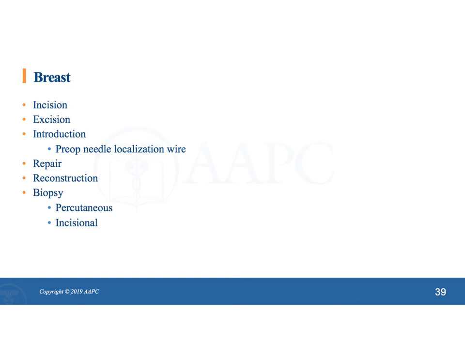The introduction codes are for reporting procedures such as the preoperative placement of a needle localization wire to mark a lesion prior to surgical removal, or the placement of a radiotherapy catheter into the breast for interstitial radioelement application following a mastectomy.